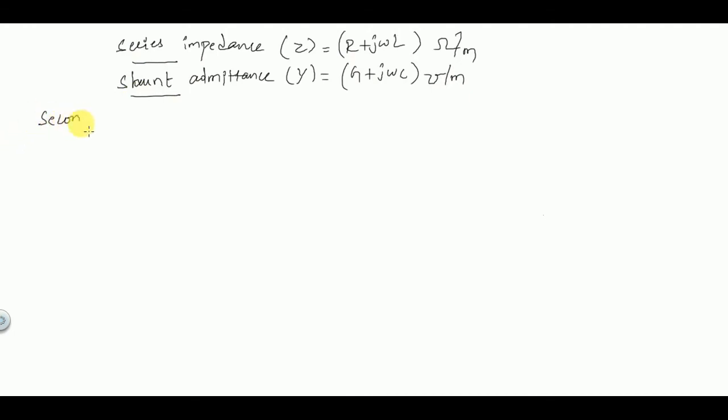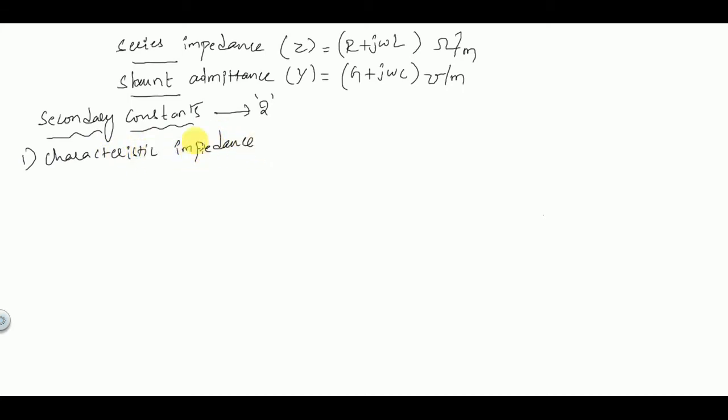Next are the secondary constants of transmission lines. There are two secondary constants. One is the characteristic impedance, represented by Z0, and Z0 is given by the square root of Z by Y, that is, the square root of the ratio of series impedance to shunt admittance.